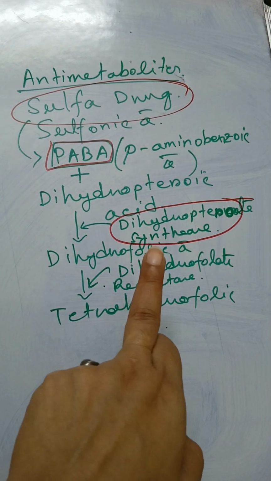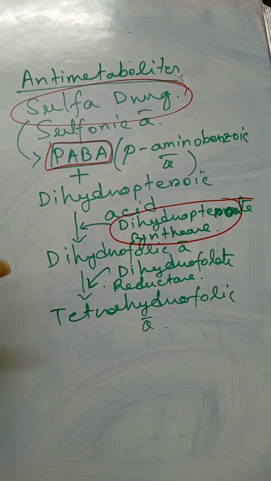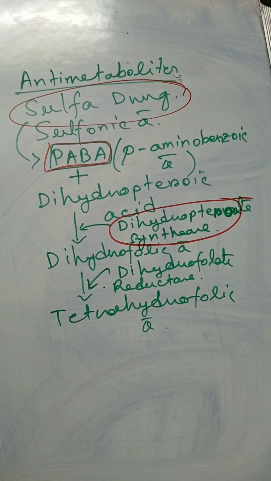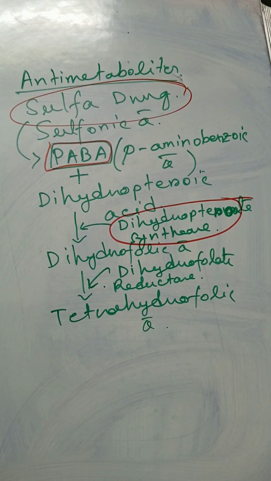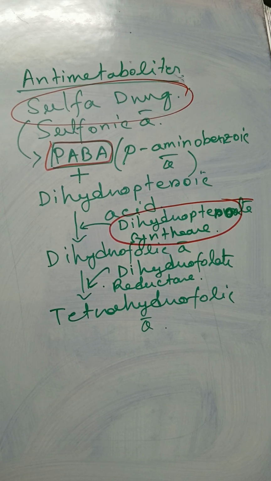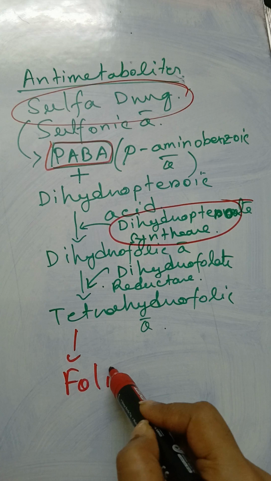So if this dihydropteroate synthase is blocked, it means dihydrofolic acid will not be produced from these two precursors, and the further downstream process will also be blocked. It means folic acid synthesis will be stopped.